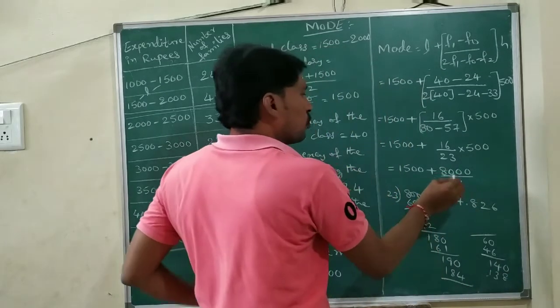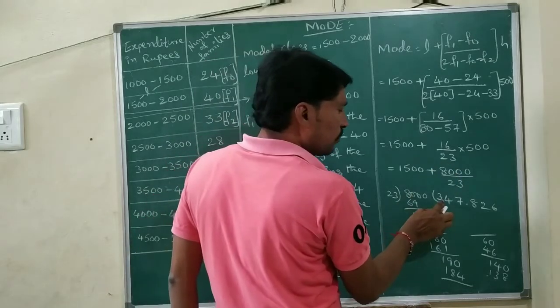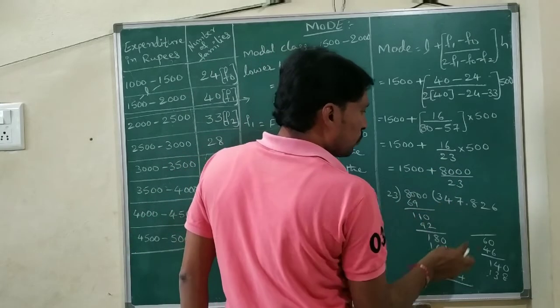The value of 8000 by 23 we got is approximately 347.826.